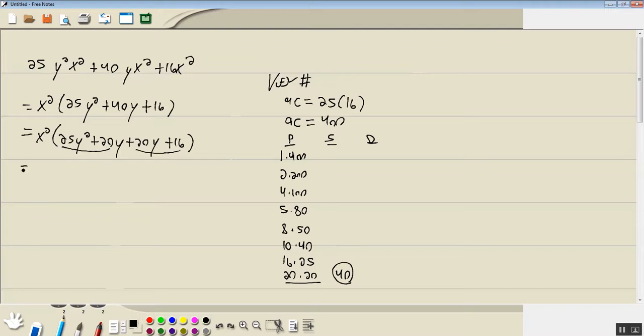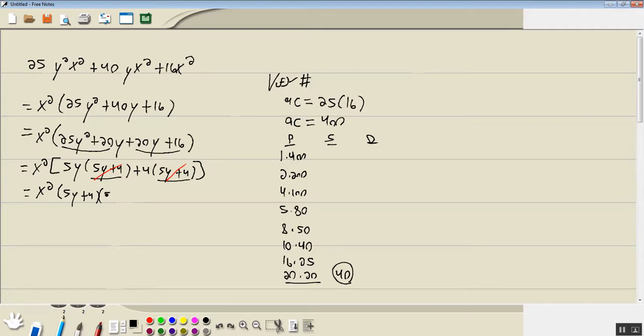Then I want to factor by grouping. First group has a 5 and a y in common, and that gives us 5y plus 4. Second group are both divisible by 4, and that gives us 5y plus 4. Now they both have a 5y plus 4, so I'll factor that out. To see what goes in your second set of parentheses, you can go up to the previous step and cross out those 5y plus 4s you factored out.